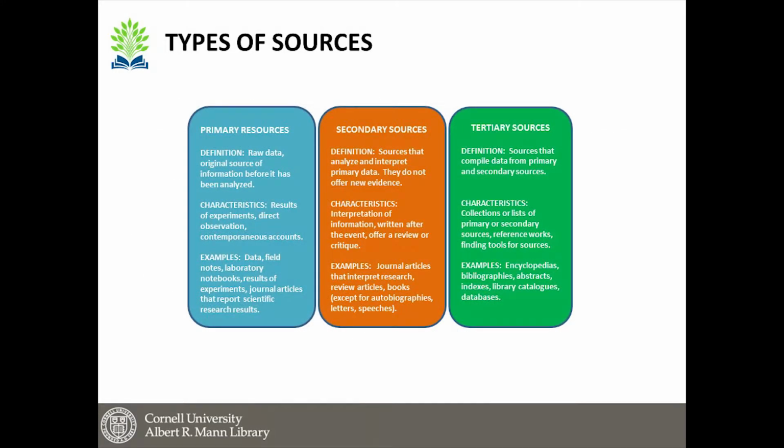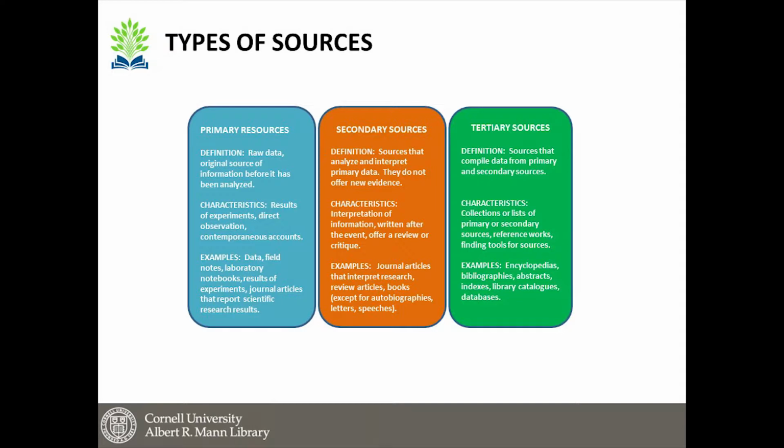Now moving on to step 2, we need to consider the types of information that you may need to look at. And they are primary resources, secondary resources, and tertiary resources. Primary resources are raw data or the original source of information before it's been analyzed.